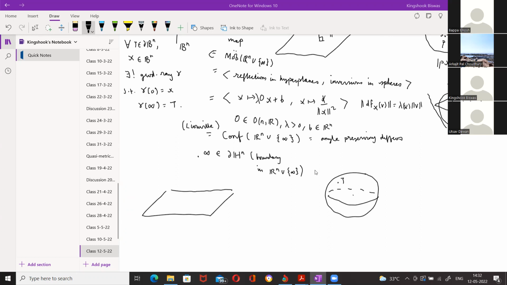So now all the geodesics passing through Xi go to geodesics passing through infinity, right? Geodesic rays passing through infinity. Now, given any point X here, what is the geodesic ray starting from X and going to infinity? This is obvious.